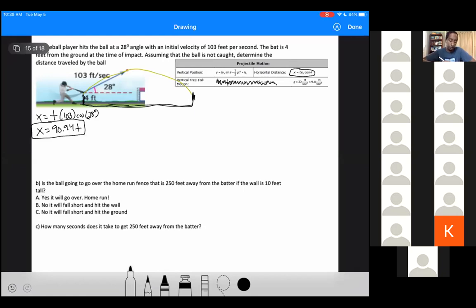And then we can plug that t in here to determine what the horizontal distance is, right? But it hasn't told us how much time it took for the ball to get there. So how could we go about finding how much time it took for the ball to get over here on the ground? I want you to think about that.